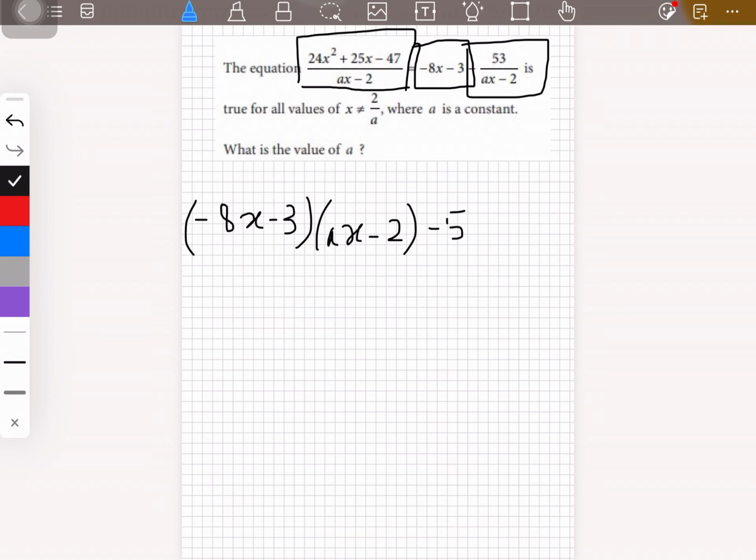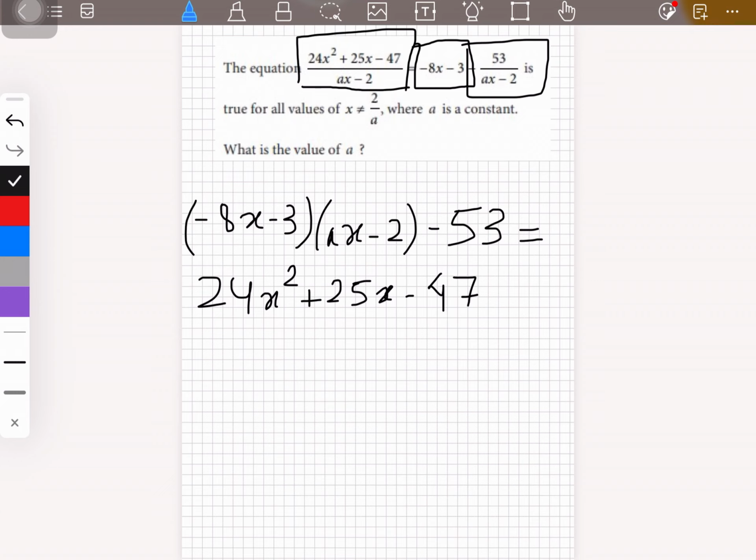We have to bear in mind the sign of the remainder as well. So minus 53, that would equal the thing that is getting divided. So that is 24x squared plus 25x minus 47, isn't it?